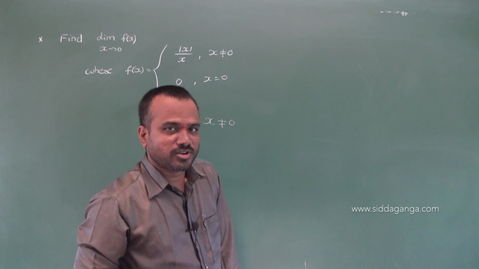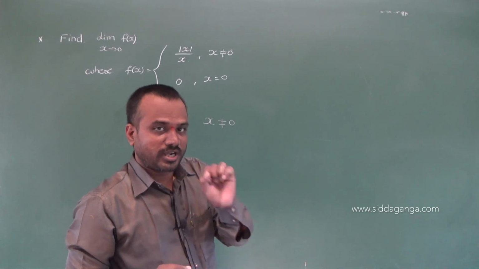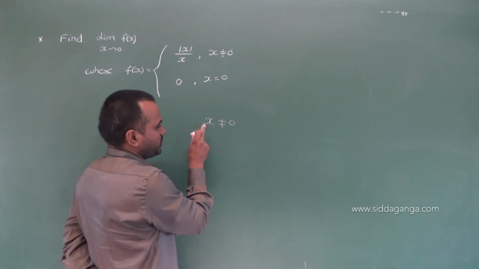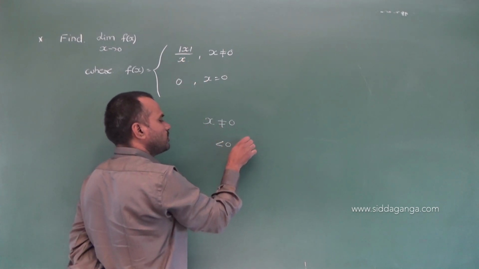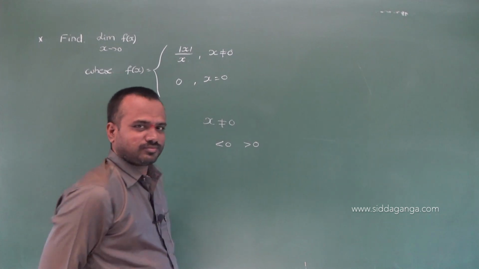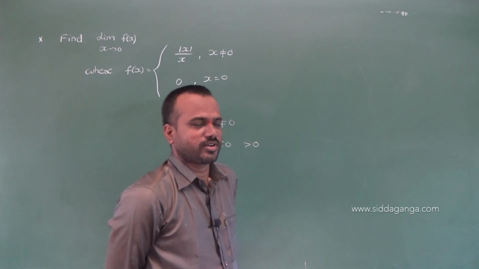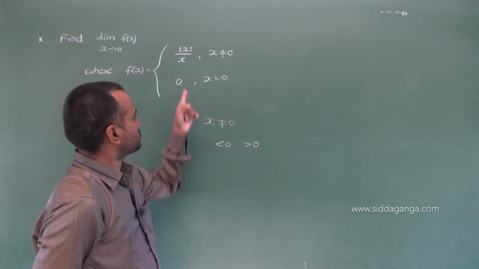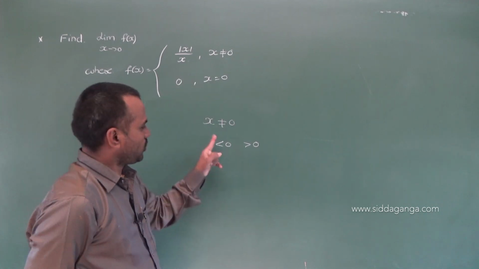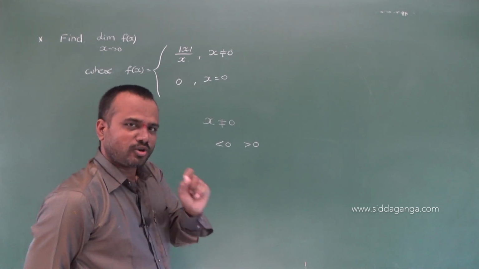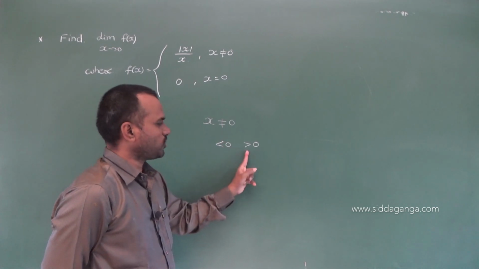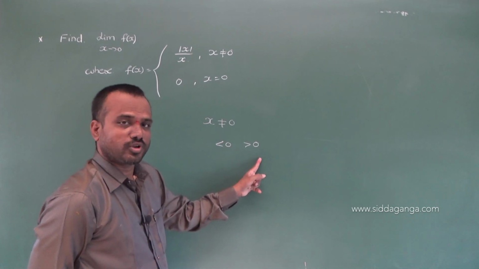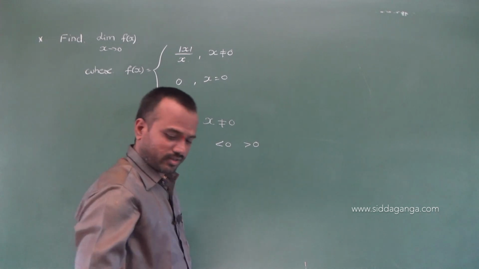If in the given function x is not equal to 0, that means use this function for less than 0 and greater than 0. Understand? Not equal to 0 means the domain is nothing but less than 0 and greater than 0.